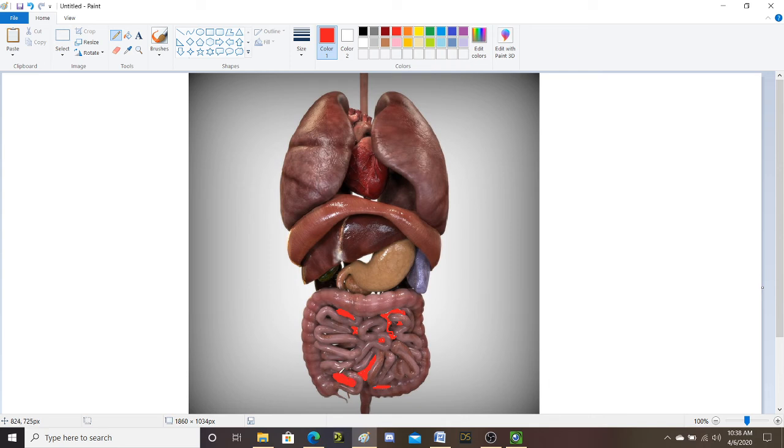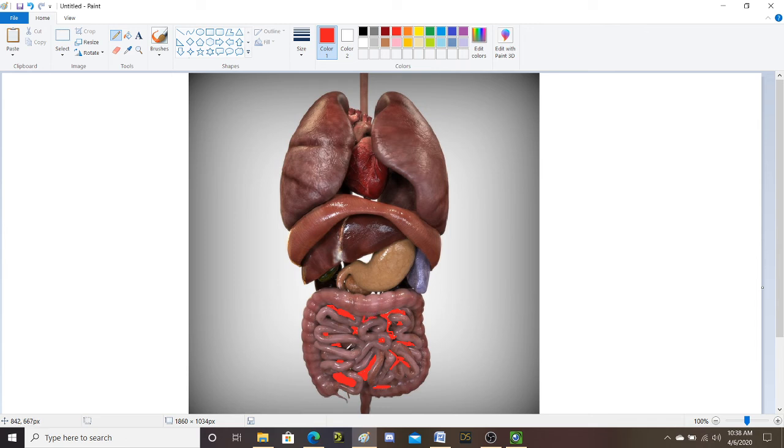It just doesn't work that way because all the small intestines are held together by this membrane. And this membrane is called the mesentery. So with my red pen here, I'm creating mesentery. The mesentery is the membrane that attaches all of this small intestine together.